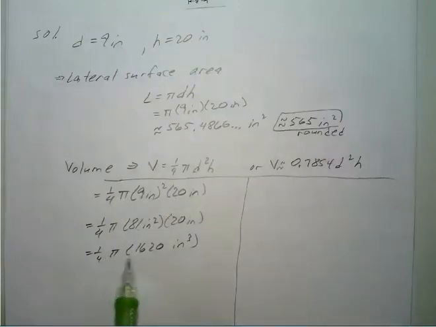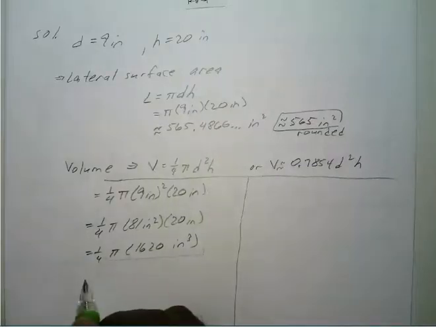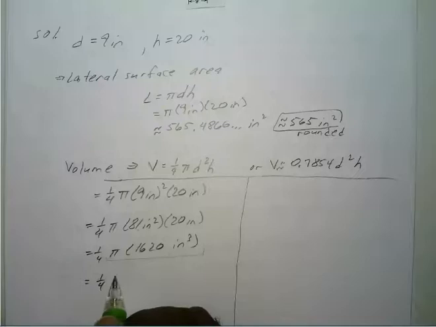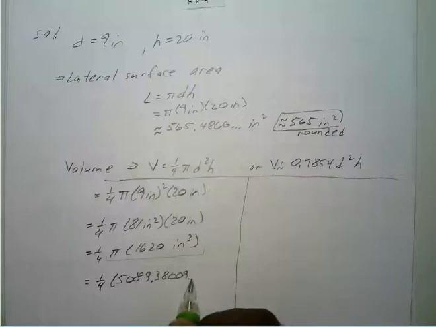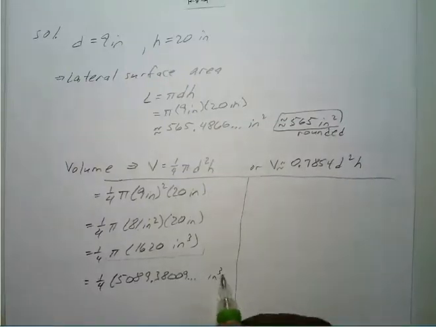All right, so if we multiply pi times 1,620, we get 1/4 times 5,089.38009, and it keeps on going, cubic inches.